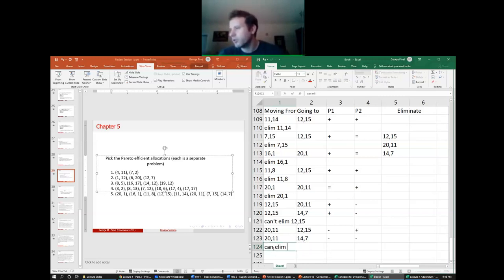Can eliminate 14-7 because he does better with both. So that just leaves 20-11, which is Pareto efficient, and 12-15.